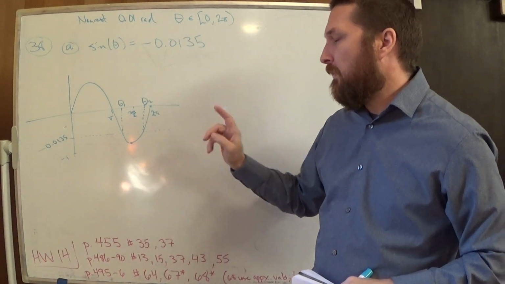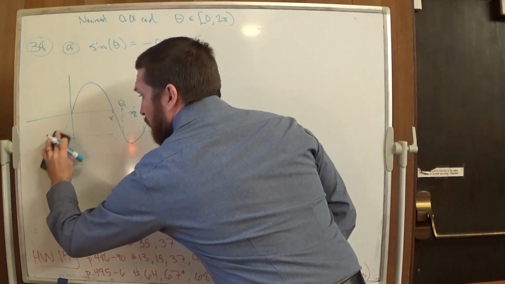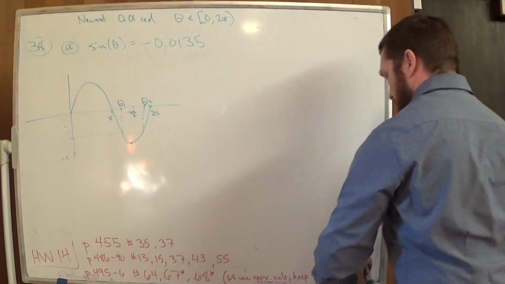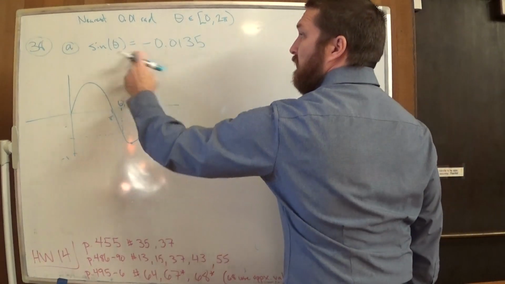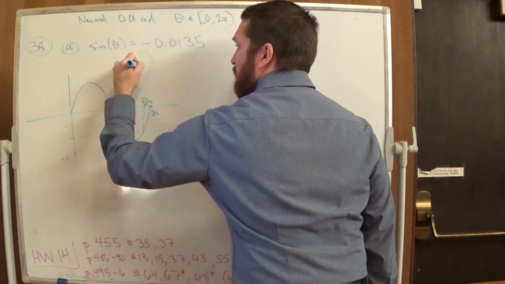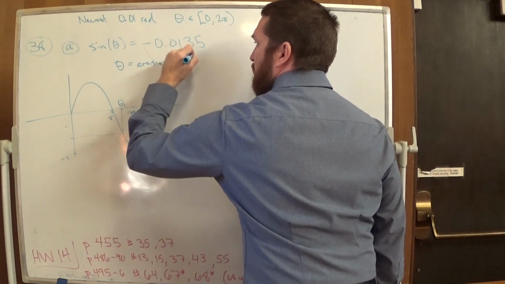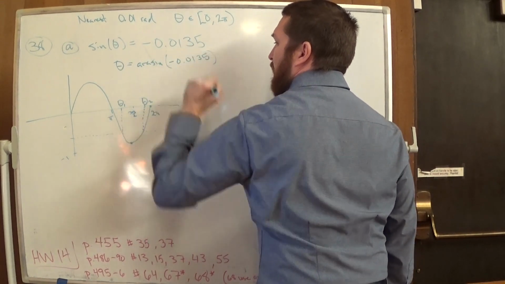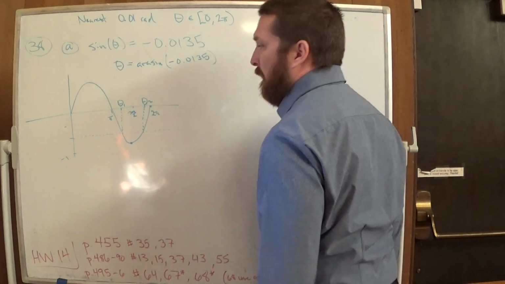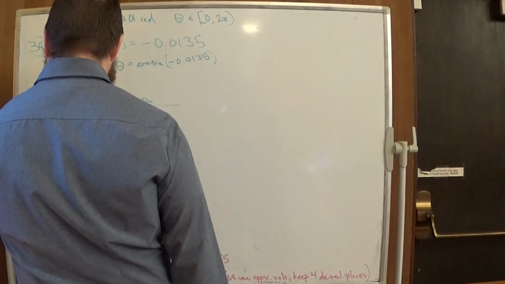Now watch this. We go to solve this, and we get theta is equal to arc sine of negative 0.0135. Which one of those is it going to give me? The one in the third quadrant.